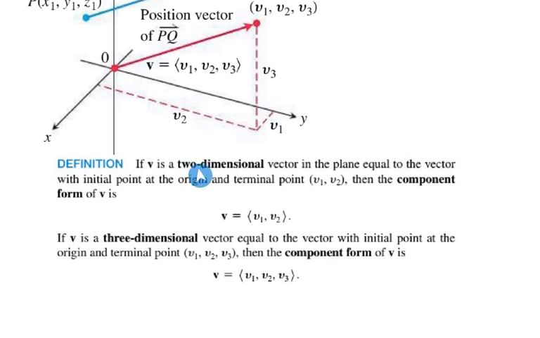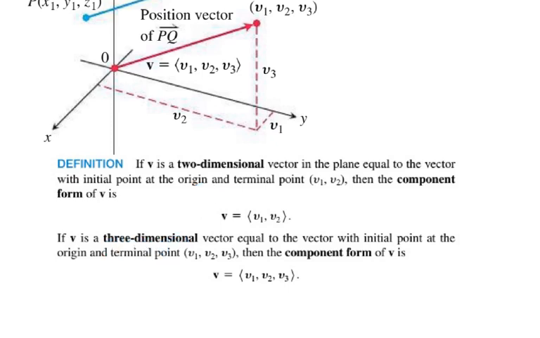If we have a 2D vector just in the XY plane with an initial point at the origin and a terminal point somewhere in that 2 space, then the component form of that vector would be those end points. And so this only works when we're starting at the origin.